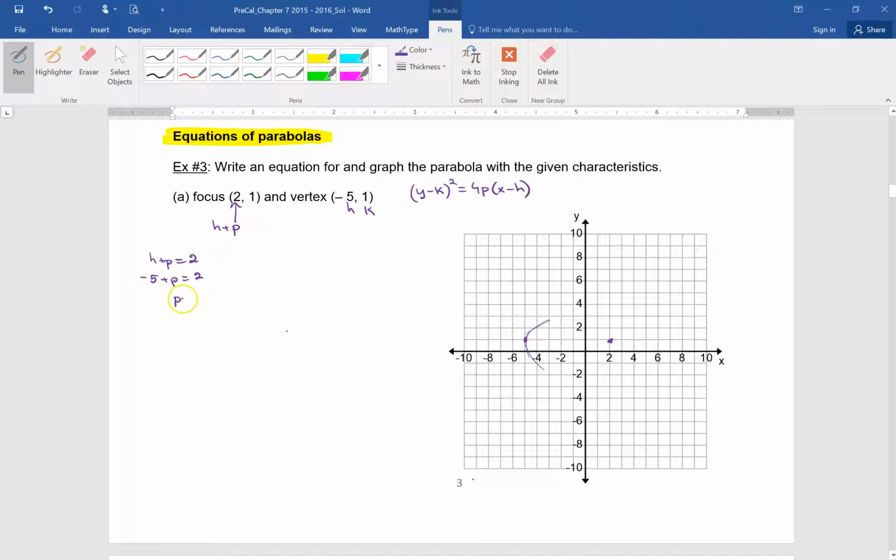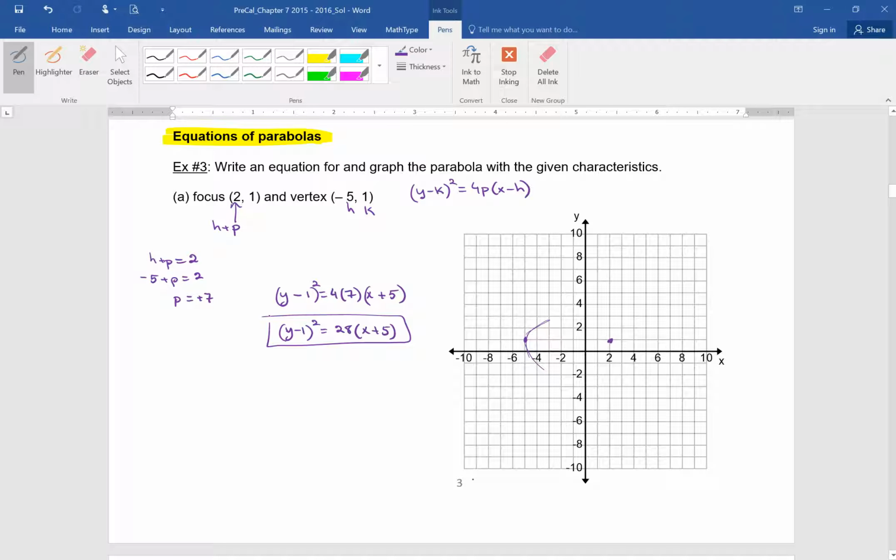So what's p? 7. Now, do I have everything I need? I do. So (y - 1)^2 = 4 times 7 times (x + 5), which means (y - 1)^2 = 28(x + 5).